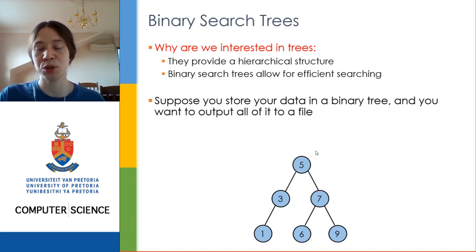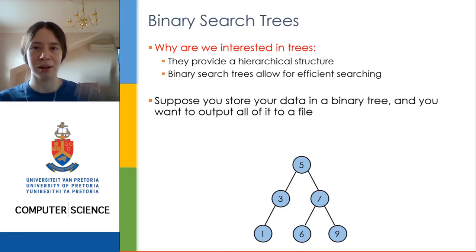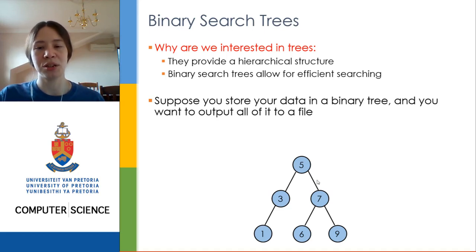Let's say I store student numbers in my tree, and perhaps the time comes when I'm interested in printing the class list. I'm not interested in just the right or the left branch. So the fact that it's nicely structured allows me to efficiently search for any individual student, but I still want the ability to print the contents of the entire data structure. And that is what we need the traversal algorithms for.